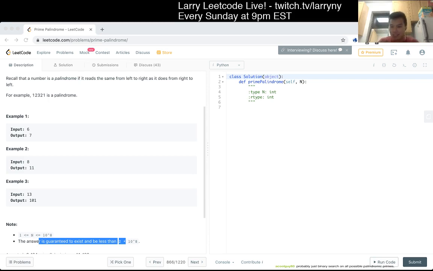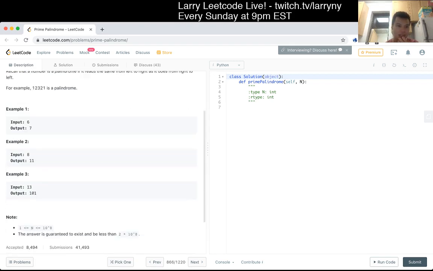We just generate all of them because there are only 10 to the fourth possible ones, or maybe 10 to the fifth, depending on how you do off by one. And then once you generate all possible ones, we just binary search to get the smallest one that is bigger than that number, and then that's it. Yeah, I think that's what I'm going to do.